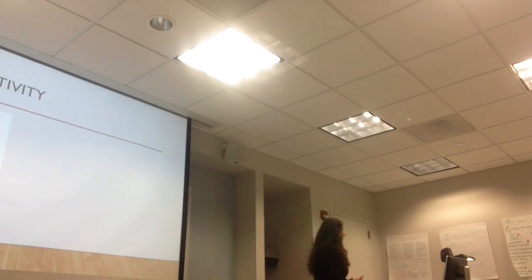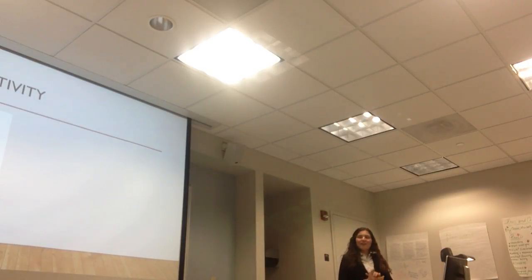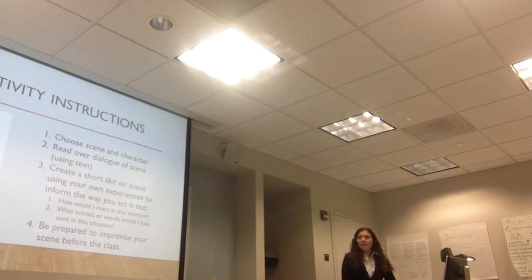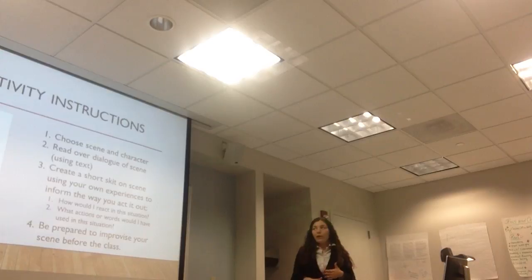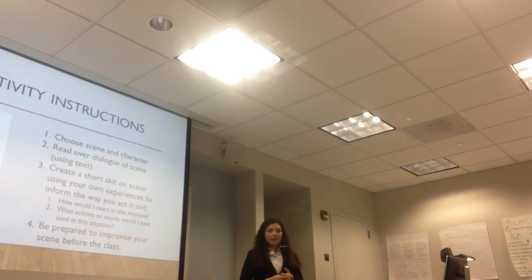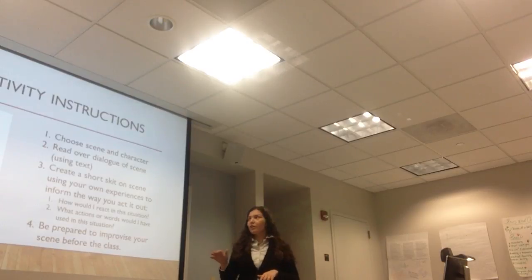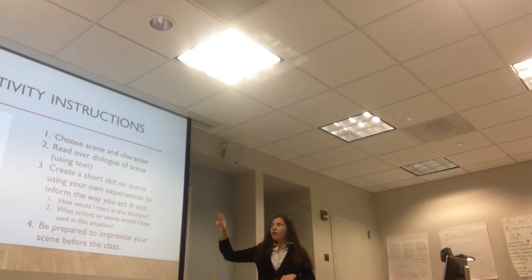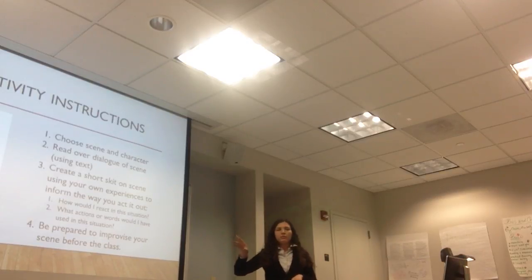So this is why I'm going to need everyone's participation for this activity that we're doing. We're going to be doing sort of a role play with scenes that I selected from the text. You're all going to have a role in this, choosing whichever one you like. So these are the instructions. There's a scene and a character assignment that you'll be allowed to choose.